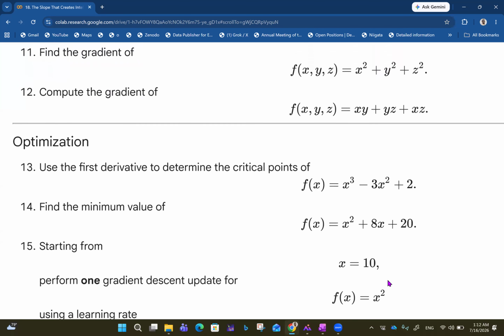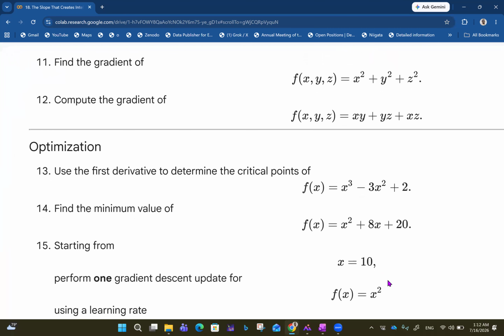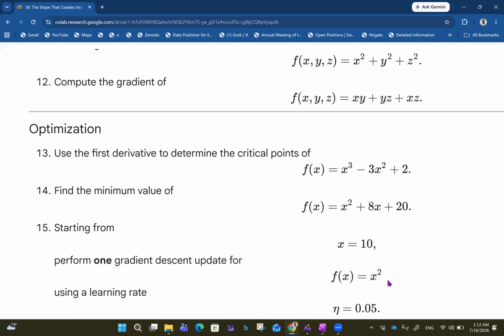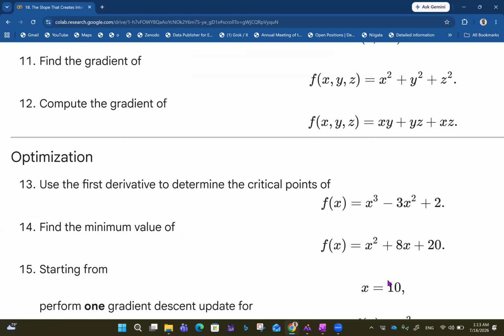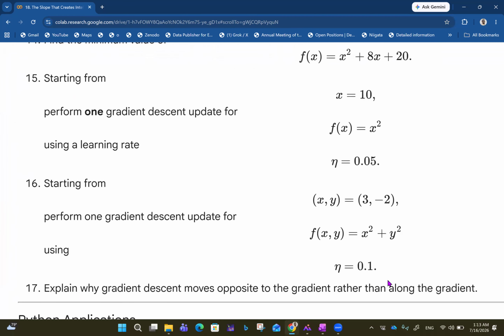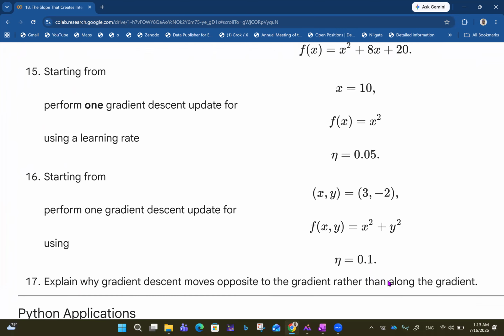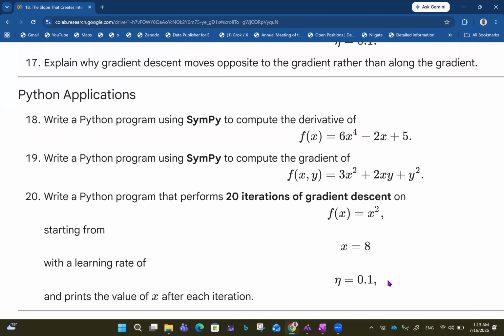Then 15 to 17. And then I think the rest are some Python applications.